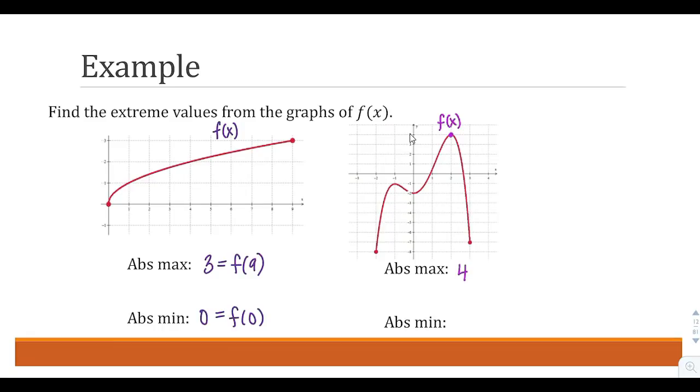So the absolute maximum is 4, which occurs at f of 2, but the absolute minimum occurs at an endpoint. It occurs over here at the x value -2, but it is the y value down here at -8. So the smallest y value that comes out is -8 at -2.